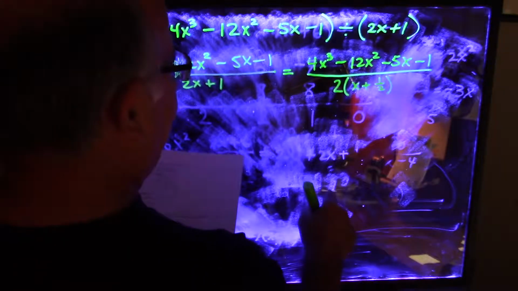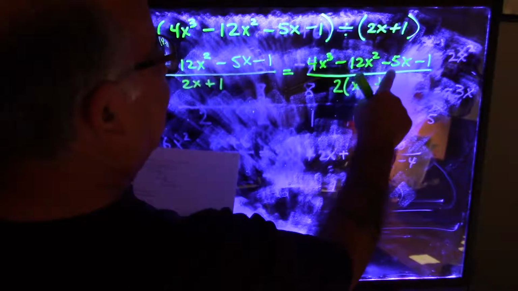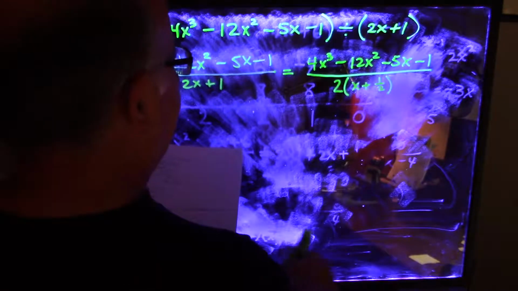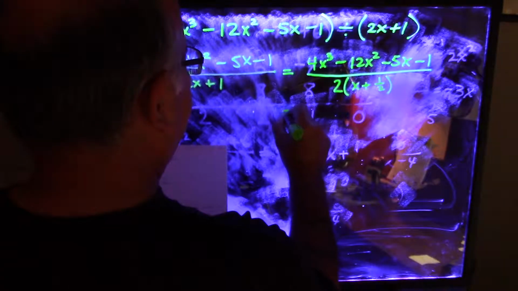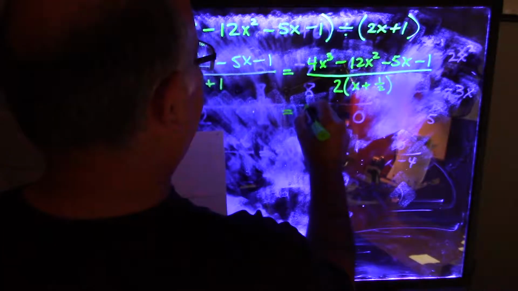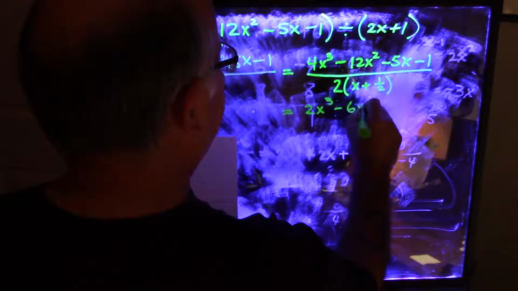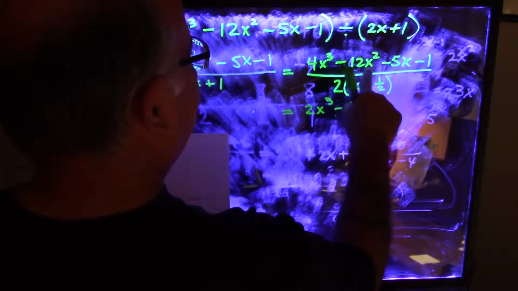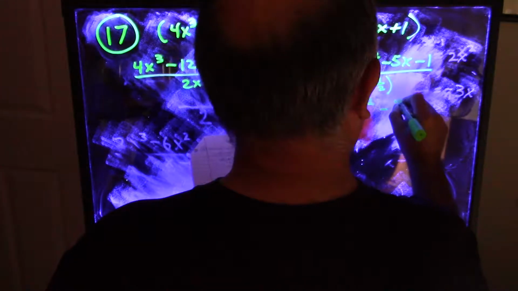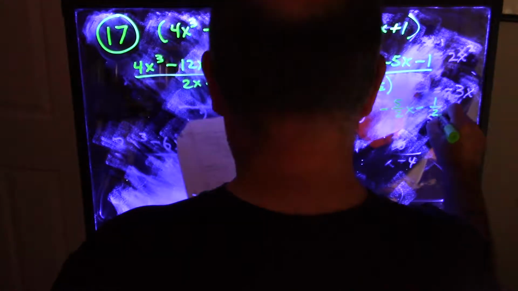So what I can do is take the 2 and divide it into each of these coefficients in the numerator. So I'm going to get 2 into 4 is 2x cubed minus 6x squared, just dividing 2 into each of these, minus 5 over 2x minus 1/2.